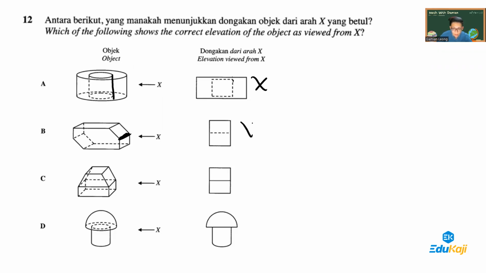It should be a solid line. This one, seeing it like this is correct. And this one is wrong. Because if you see from X, it won't be a curve down at the bottom. It would be a horizontal line. Because on the bottom here should be flat, when we view from the side. So the correct one is C. Okay.